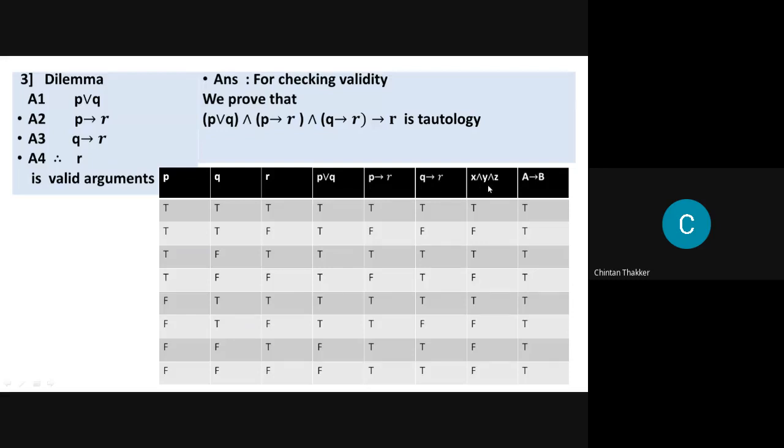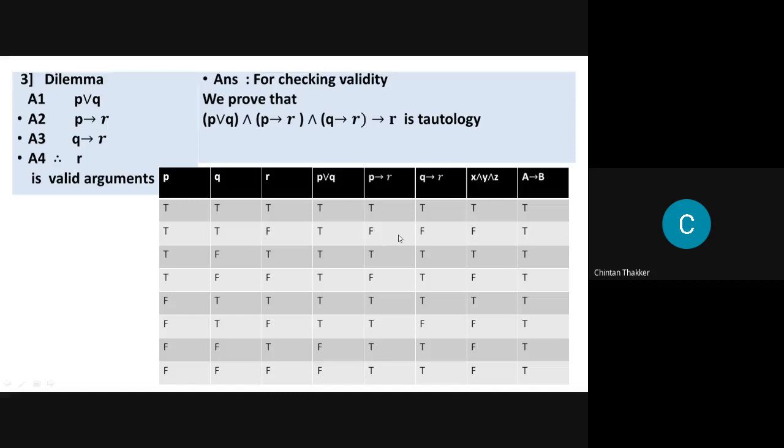So X and Y and Z, here both operators are AND operators. If these three are true, then we have true. If any one is false, then we have false. In the first row, all three are true, so true.